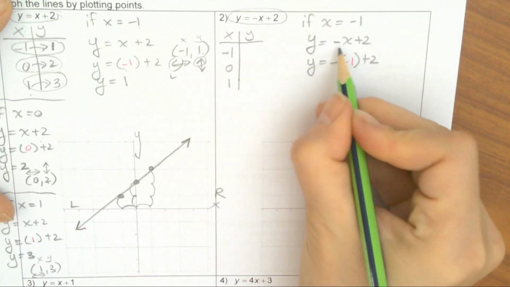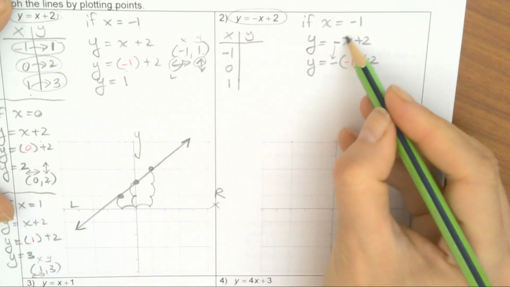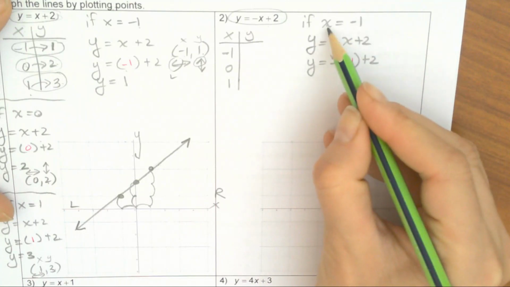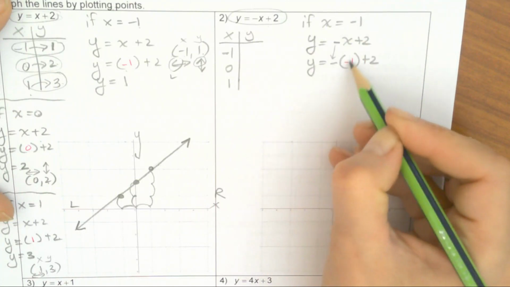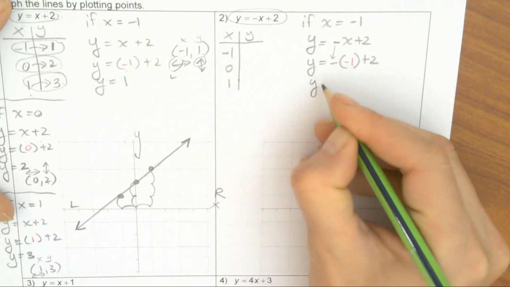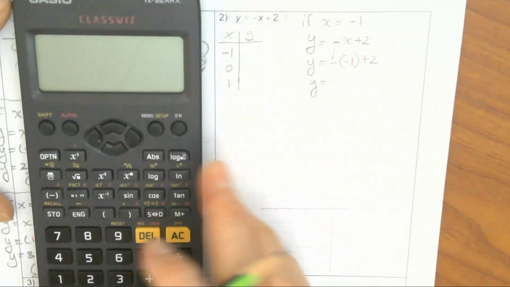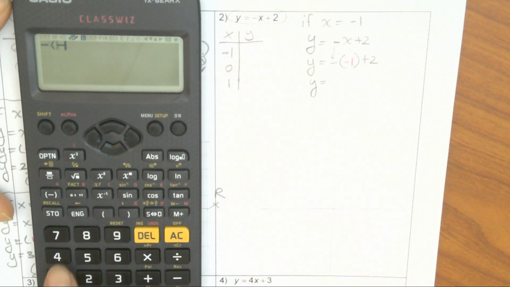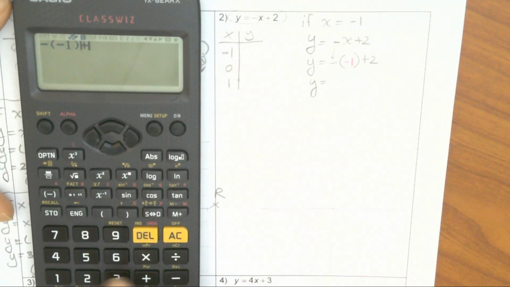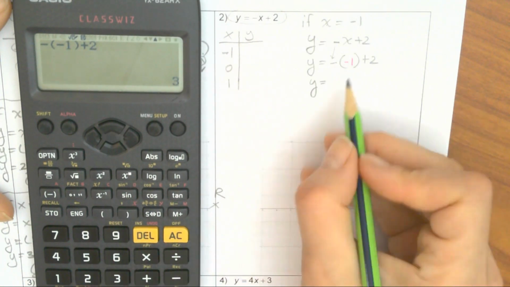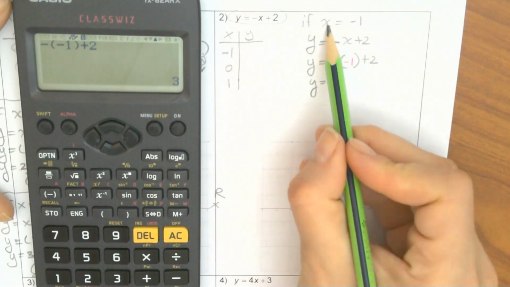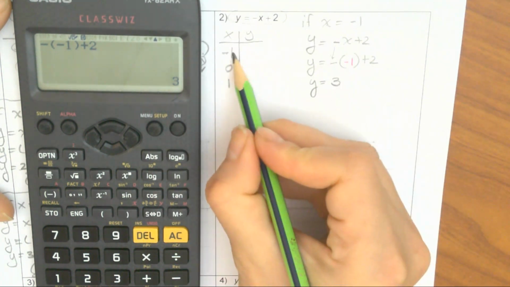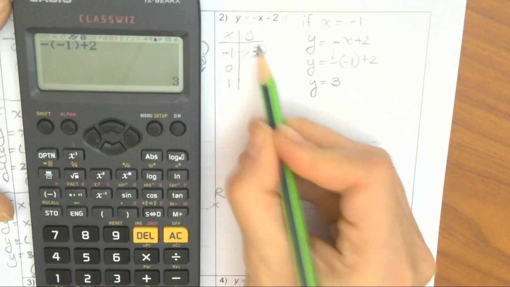See how this negative goes in front, and then I put the brackets for x, and x is -1, so there's lots of negatives there. So we can use our calculator for this. -1 plus 2, 3. So if x is -1, y is 3. So there's my first point.